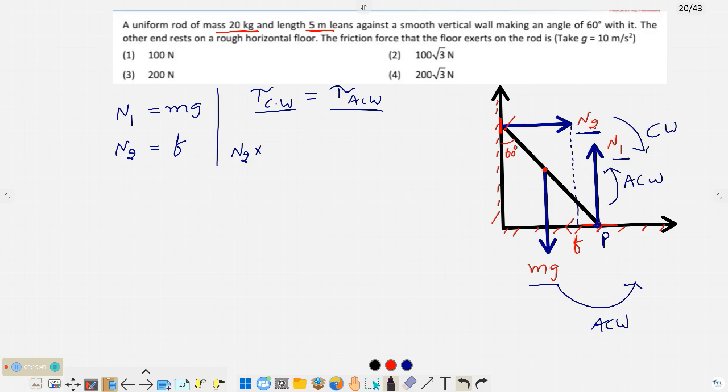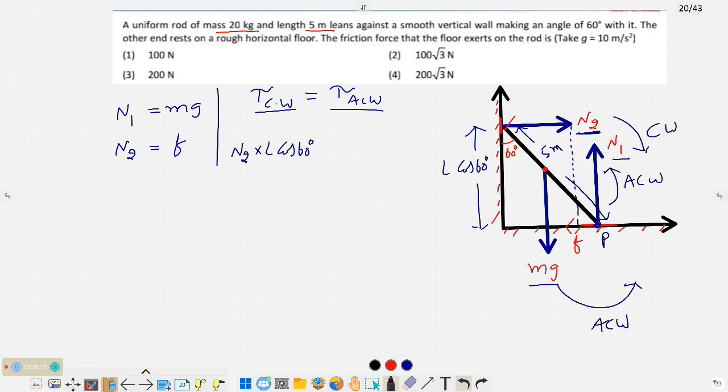Already we have taken the length of the rod, given in the question, 5 meters, making an angle 60. If you resolve L into components, you are going to get L cos 60 degrees from here to here. So this L cos 60 is exactly the perpendicular distance from N2. So the clockwise torque is N2 times L cos 60 degrees.